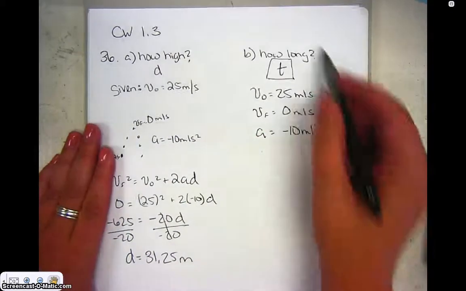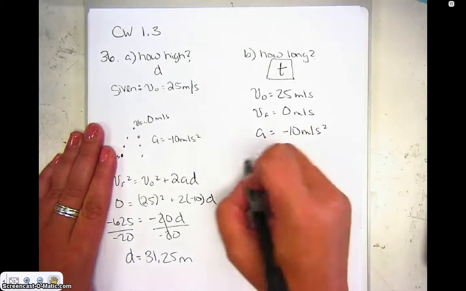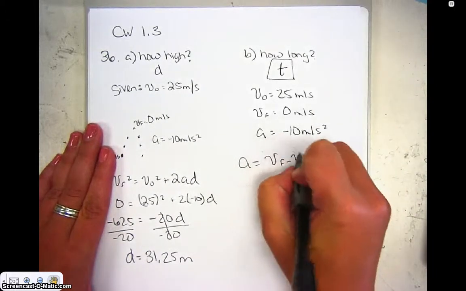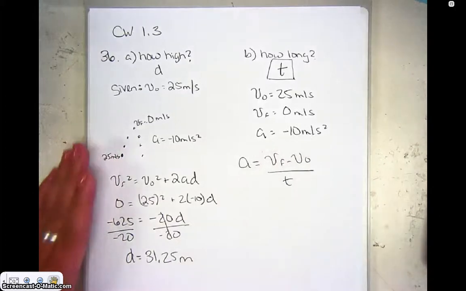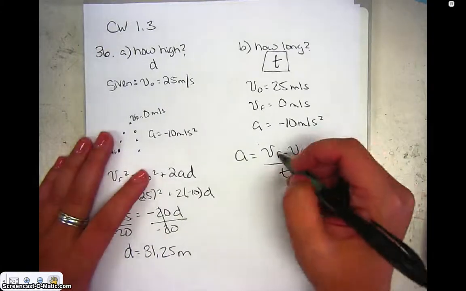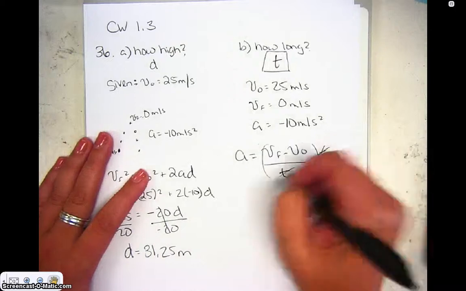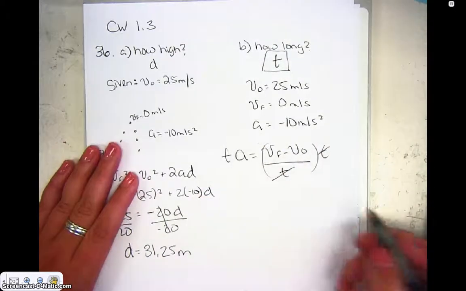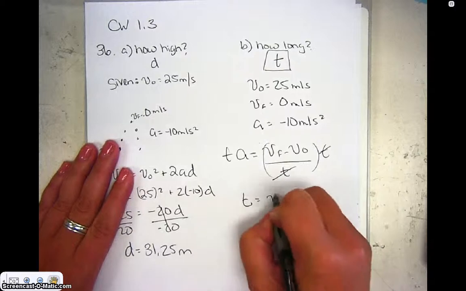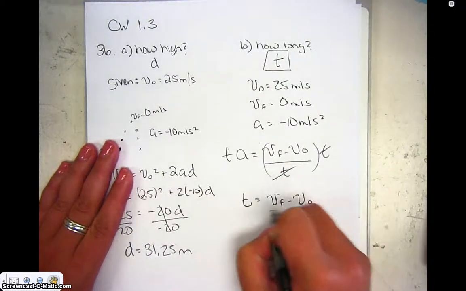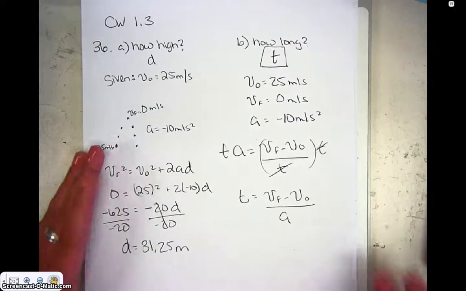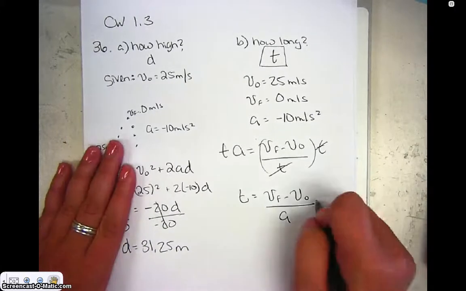So given these variables, I'm just going to use this equation: acceleration equals V final minus V initial all over T. If I solve this for time, I multiply by time on both sides, and it cancels there, and then I divide by A. So I get that T equals V final minus V initial all over A. Because A is 10, this makes this really easy.